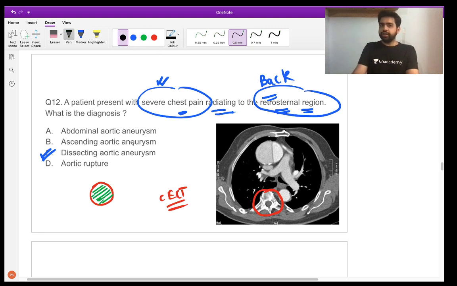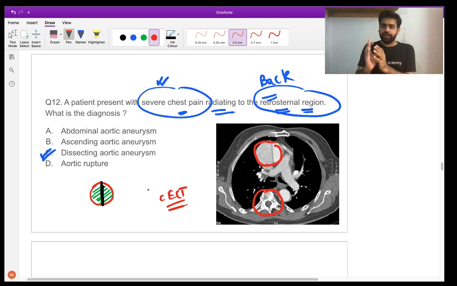But what you are seeing here, I'm trying to draw and depict, is a black line which is breaking the dye into two parts. Can you appreciate this? So this is basically the dissecting membrane.